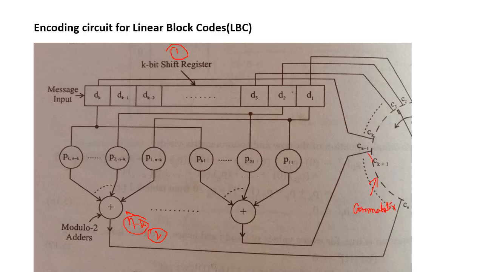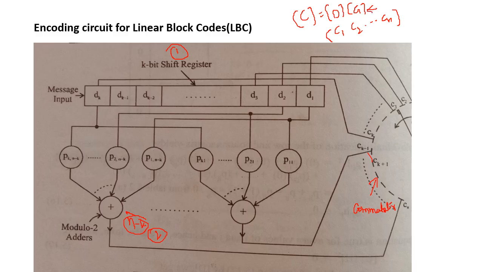Now, based on the equation C = D G, you are going to get certain equations for C1, C2 up to Cn. Based on those equations, you connect to the P11, P21, Pk1, which are the parity bits of the generator matrix given here. Either it can be one or zero.